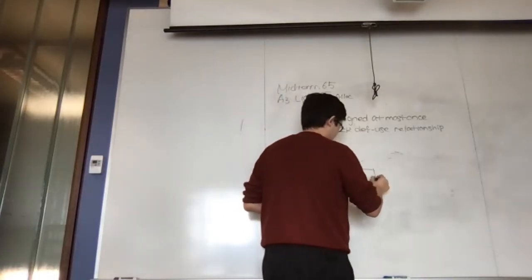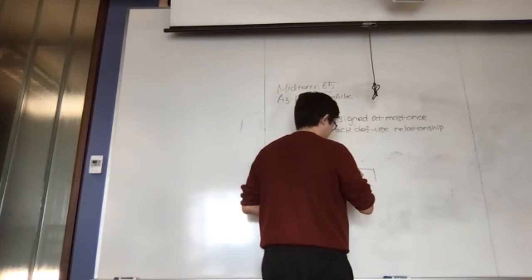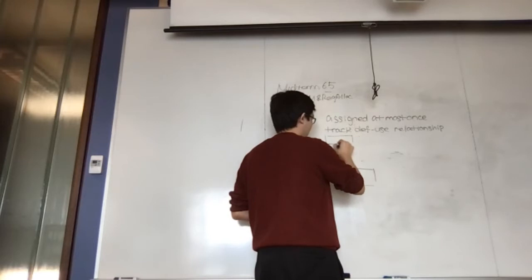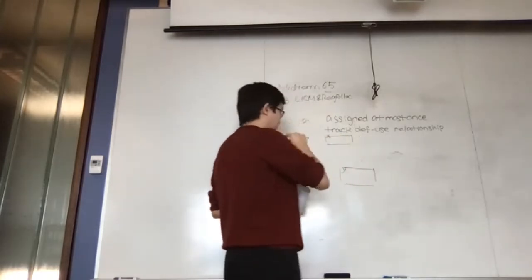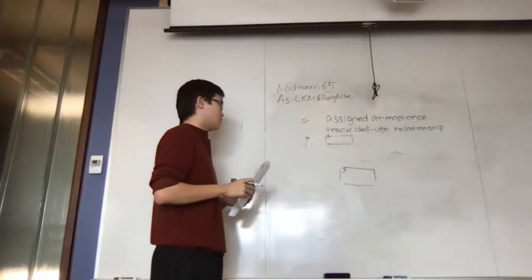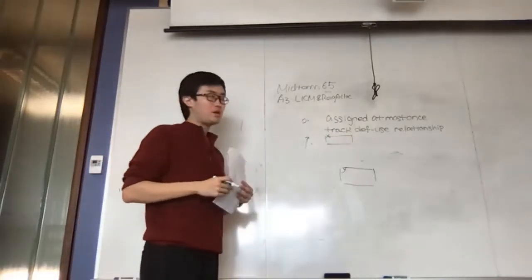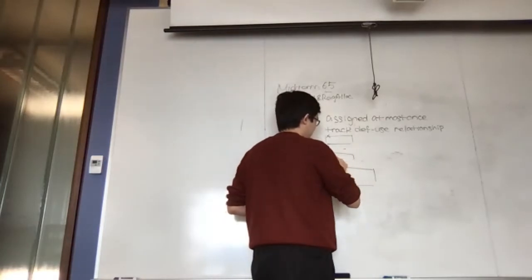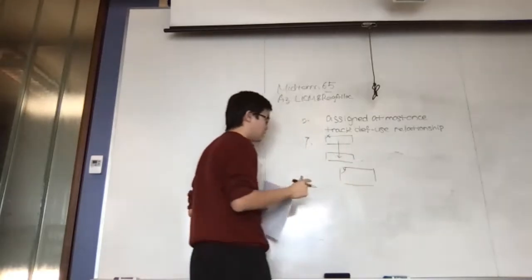Let's take this one, Y, as the dominance frontier, and we have this basic block X. The reason why X has to dominate some of the predecessors of Y is because the definitions inside X can propagate up until the predecessor of Y here.